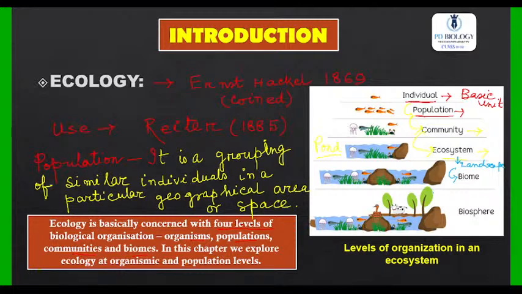A large regional unit delimited by a specific climatic zone, having a particular major vegetation zone and its associated fauna, such as tundra, desert, temperate deciduous forest, tropical rainforest, ocean, etc.